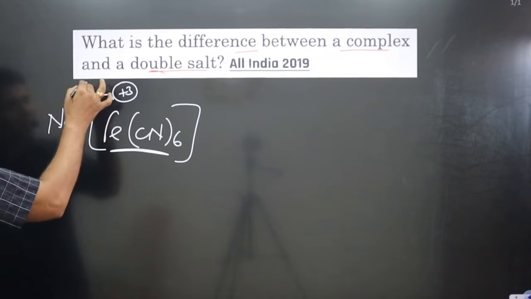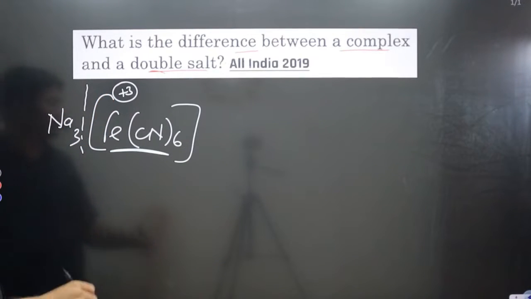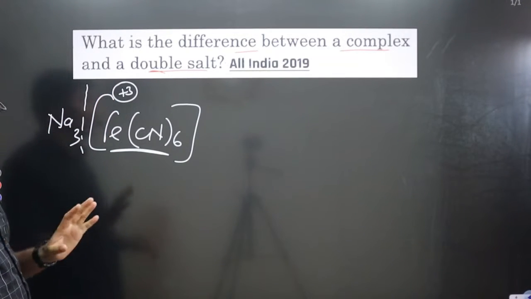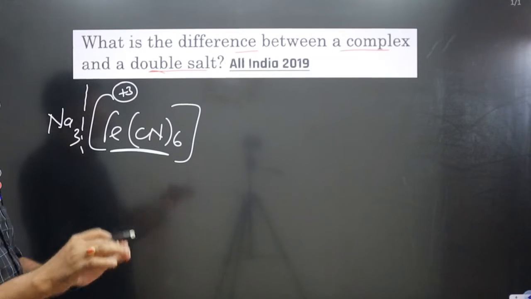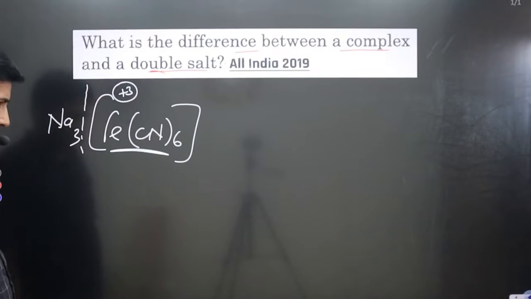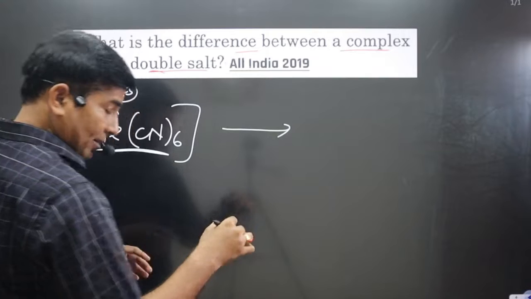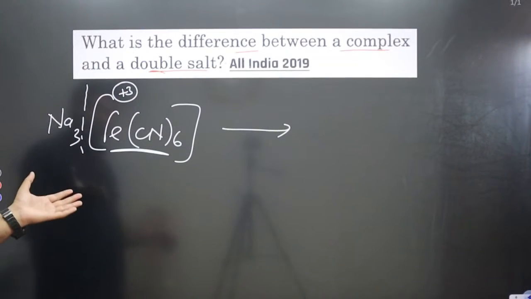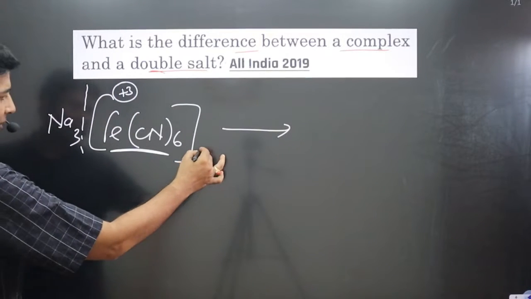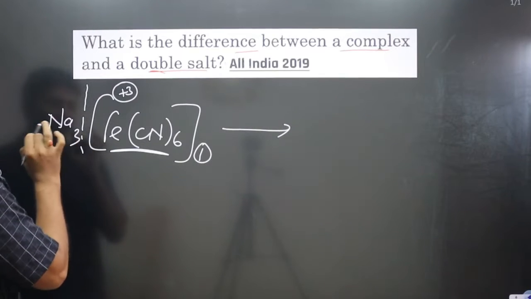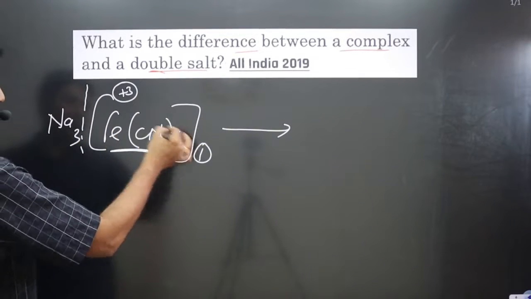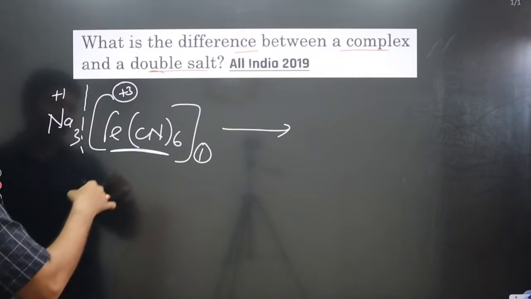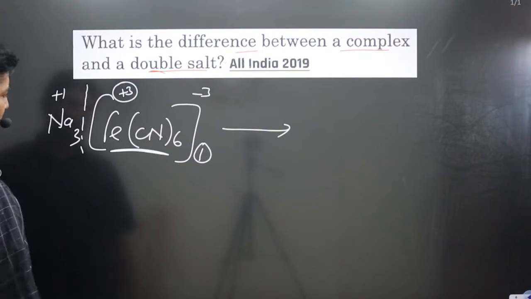You can dissociate this complex from here, from the counter ion. This counter ion is the species which is present outside of the coordination bracket. So when we dissociate this compound, you can see this is one complex and this is the counter ion. So we can crisscross. One will go this side, having +1 charge. In this case, it will be having -3 charge.